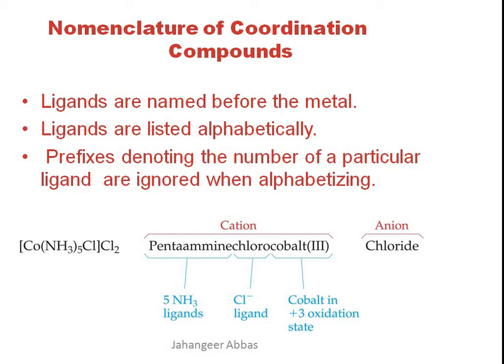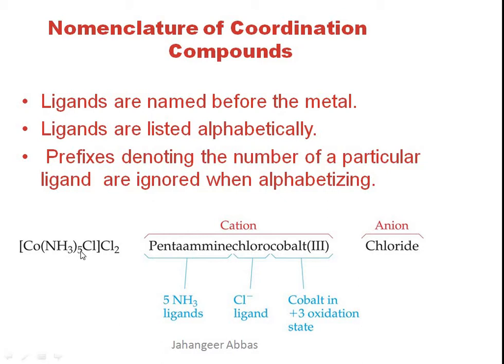Like in this complex, there is cobalt, the central metal, and amine and fluoro are the ligands. We will name ligands first, and there are two ligands, so we will name amine first.